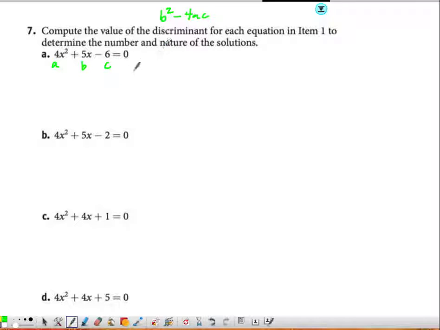If I were to go ahead and calculate the discriminant, well, it's kind of a pain because we already did this. b squared minus 4ac, but didn't we already do this?